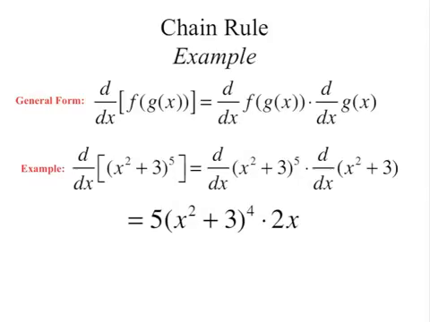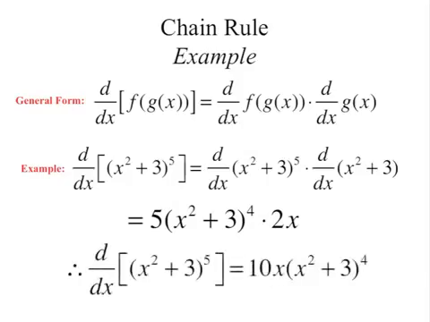And then you multiply it by the derivative of the inside, where that is simply just 2x, because for the x squared, the 2 comes down, and then you subtract 1 from the 2. And therefore, you just multiply the 2x by the 5, and you have 10x multiplied by x squared plus 3, all raised to the 4. So that's simply the chain rule. Do the derivative of the function, leaving the inside perfectly intact, and then multiply by the derivative of the inside.